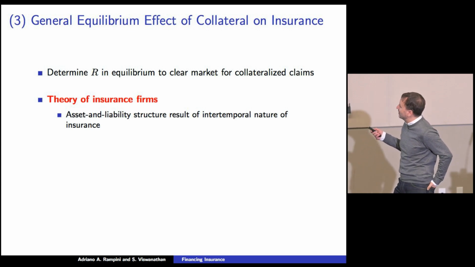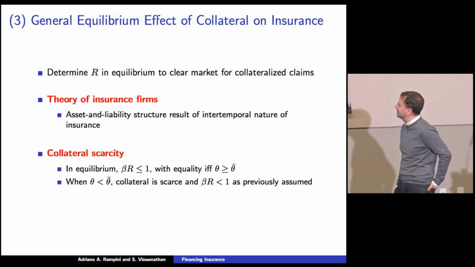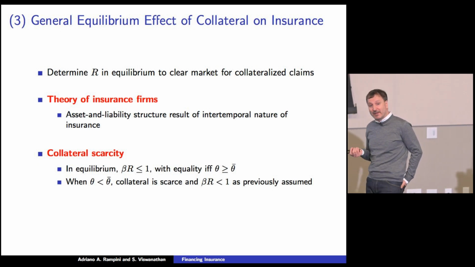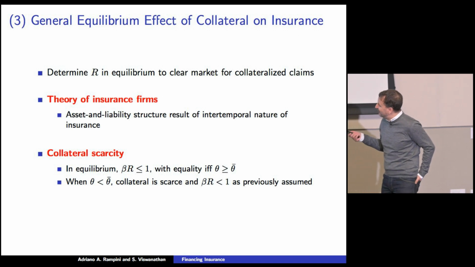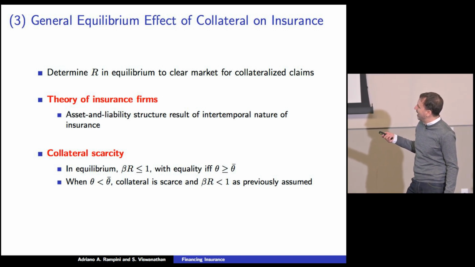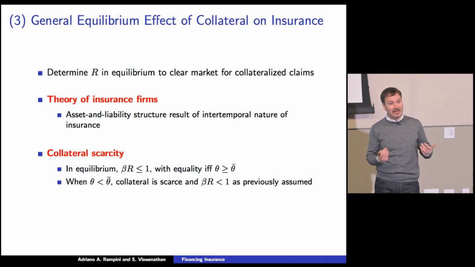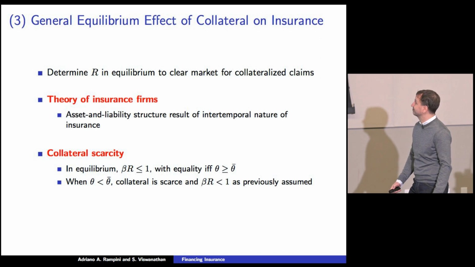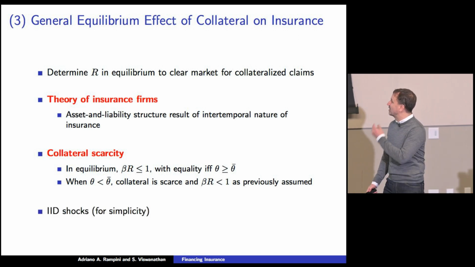Again, this is going to be a consequence of the intertemporal nature of insurance. I'm also going to be able to highlight the effect of collateral scarcity. When collateral is scarce, in a sense that I'll make precise, then beta R will be less than 1, as I've assumed so far, and all the previous characterization applies.